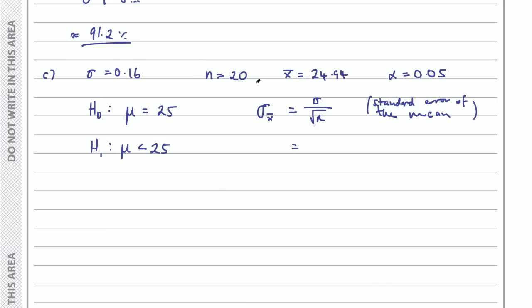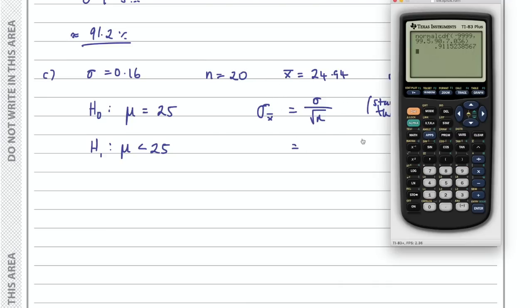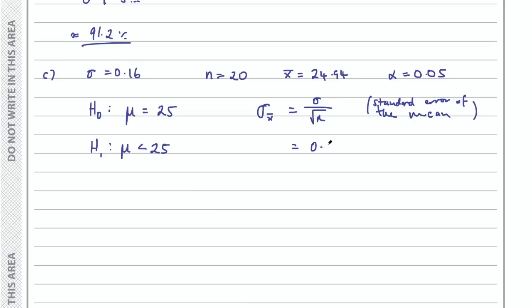Let's go ahead and get a number for that. This will be 0.16 divided by the square root of 20. I get 0.035777. Rounding that off to 4 decimal places, this is approximately 0.0358.